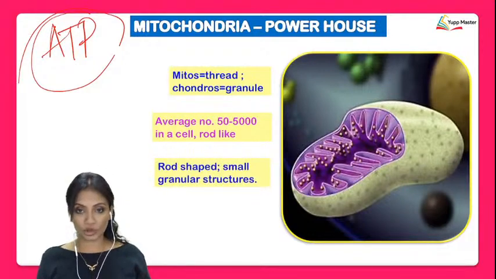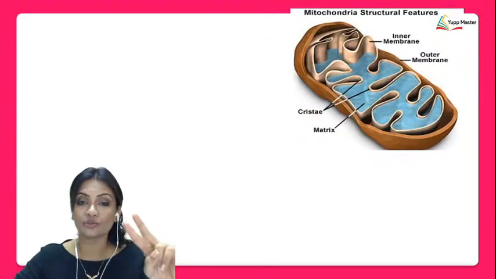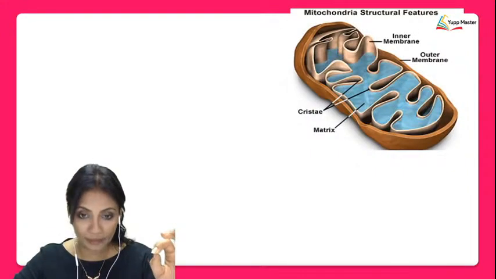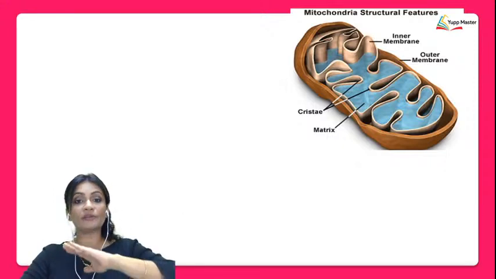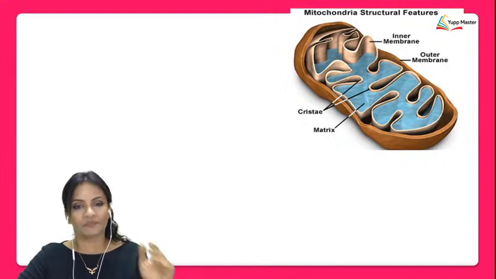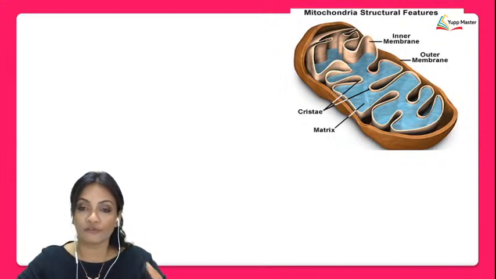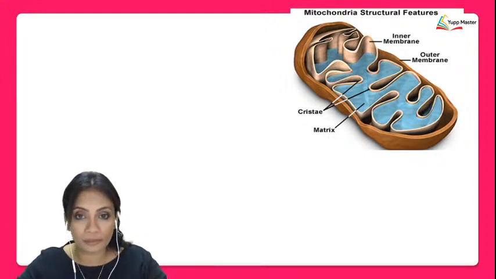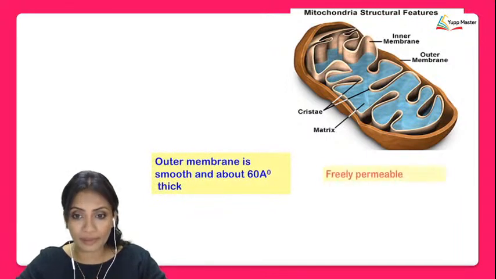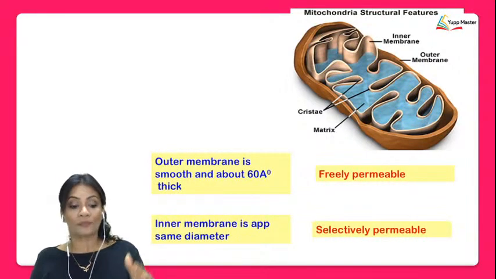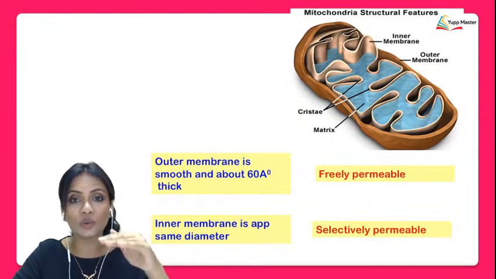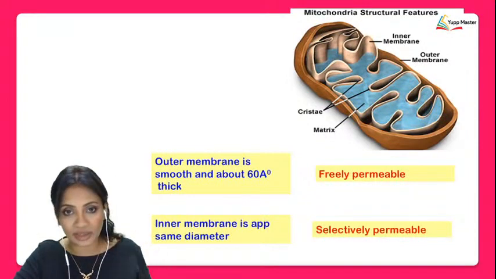Now, one thing I want you to remember here, that there were two membranes. There is an outer membrane and there was an inner one. Remember that the outer membrane is going to be freely permeable, but that inner membrane is the one which is semi-permeable, okay. So, outer membrane is freely permeable, inner membrane is semi-permeable. So, the inner membrane is actually going to be controlling what enters in and what leaves.